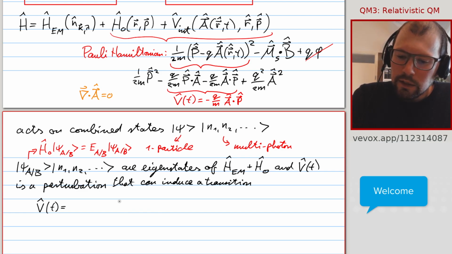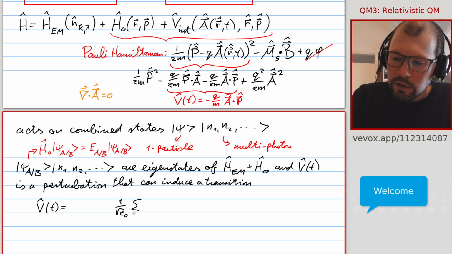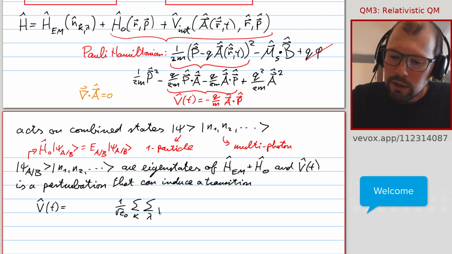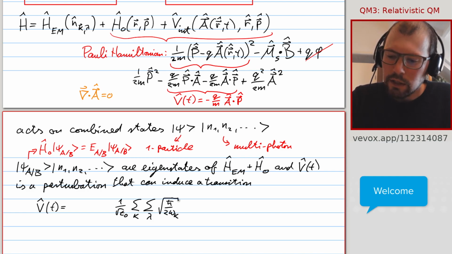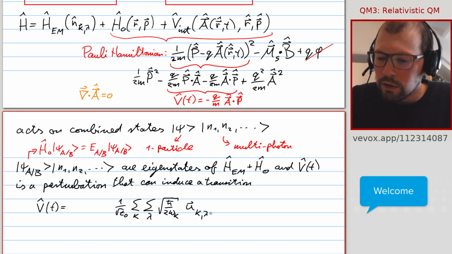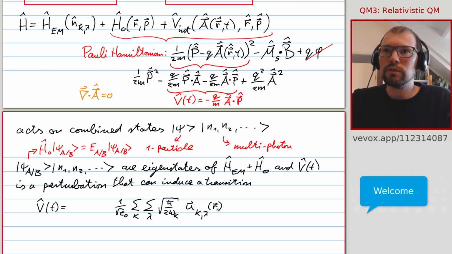We had 1 over square root epsilon 0, sum over wave vectors, sum over lambda, square root of h bar over 2 omega k, and then this Fourier component, u k lambda, depending only on the position.